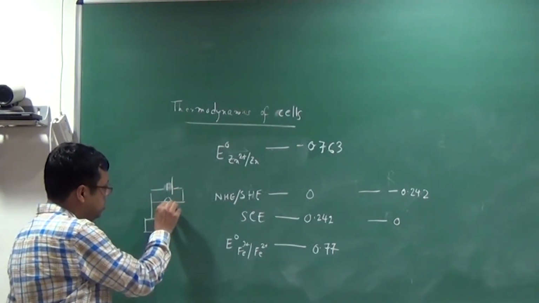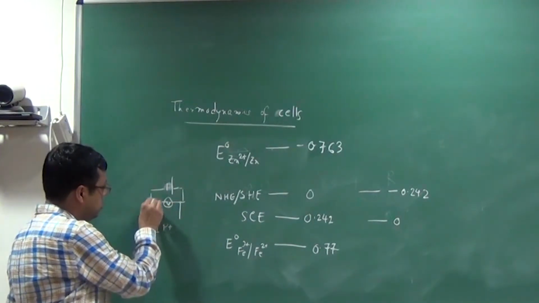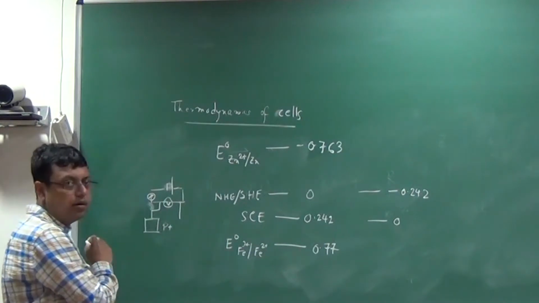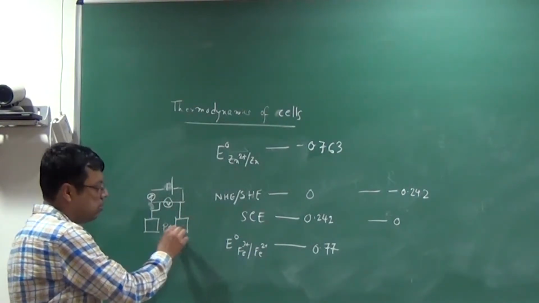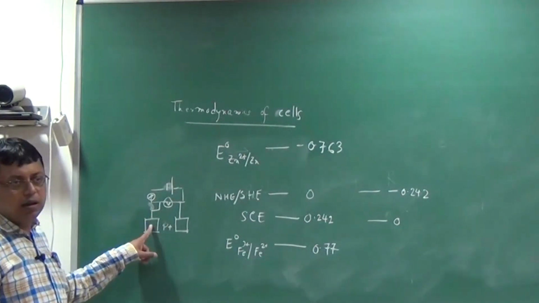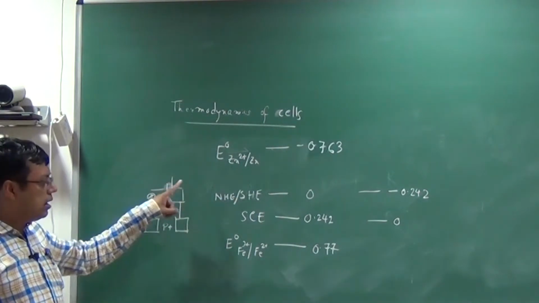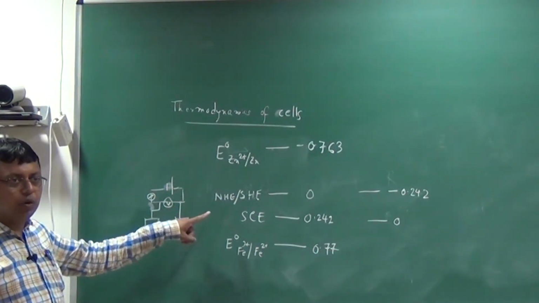I have a voltmeter and also an ammeter connected, and we can make an arrangement like this. If I apply external bias to it, I can then go to the open circuit voltage.